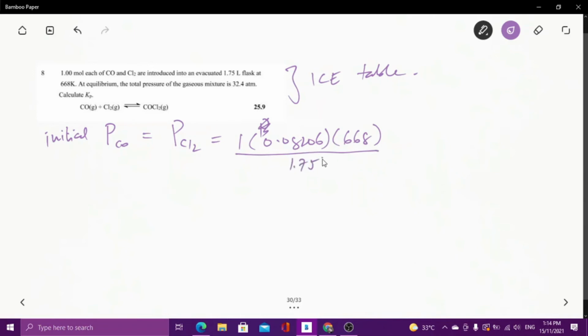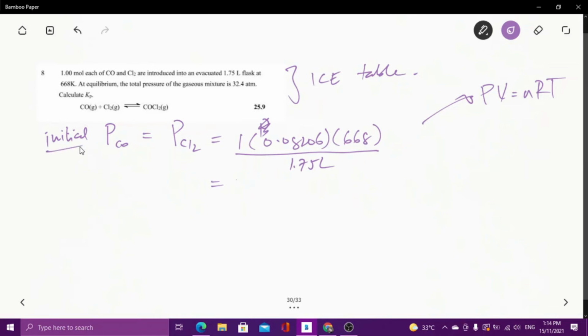Okay, macam mana dapat ni tadi? So anda gunakanlah PV equals to nRT. So V bawa ke right hand side. Okay, so what you'll get is around, anda cuba kira. Okay, so dapatkan yang tu.